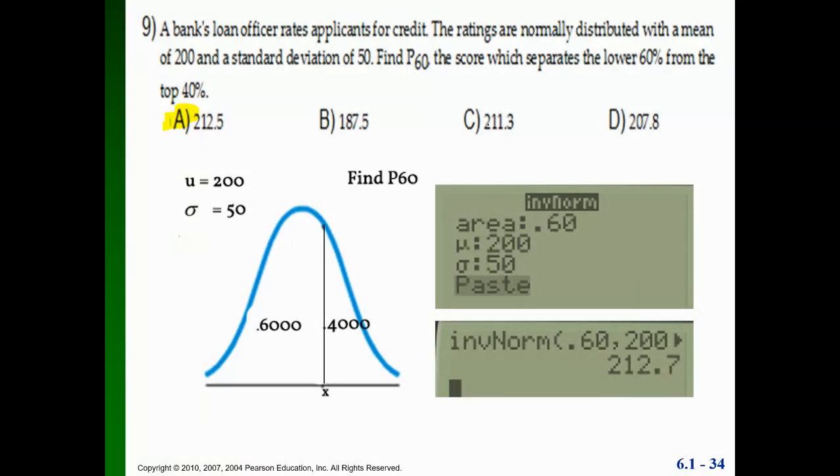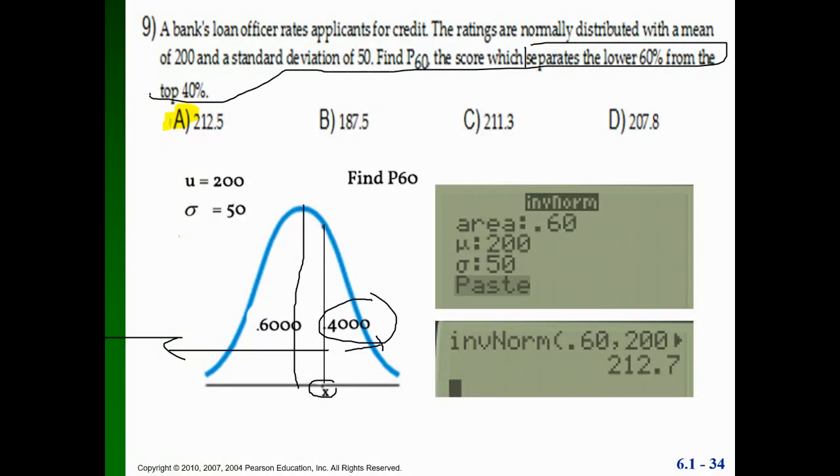And this last one, you're looking for the score that separates the lower 60% from the top 40. You're looking for P60. Notice P60 is to the right of what would have been P50. So the area to the left is 0.60, and the area to the right is 0.40. I just want to match up to what he's telling me here.